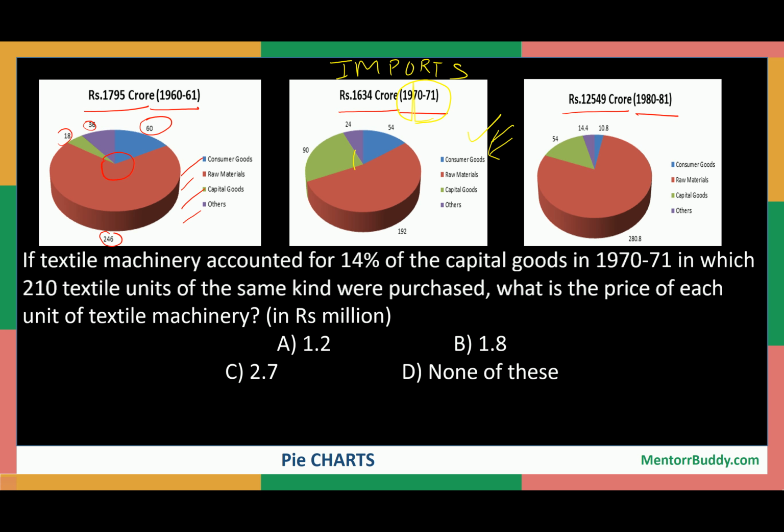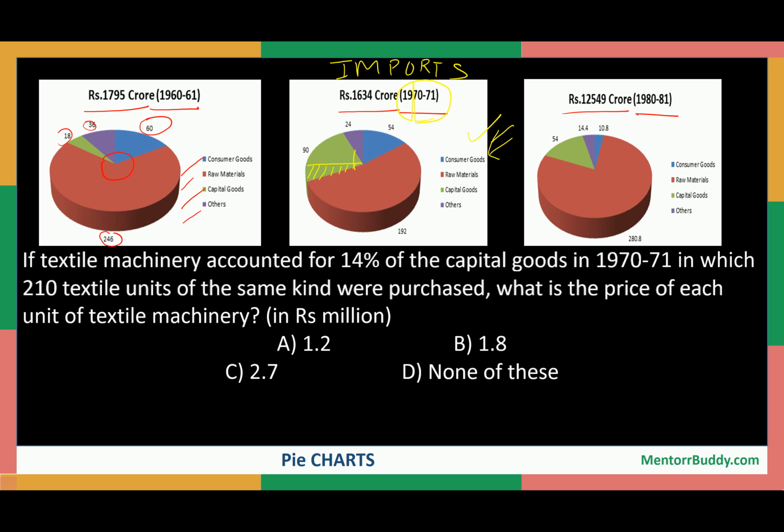Out of this total capital goods, they are saying that 14% is textile machinery. So let's suppose this much area is 14% of the total capital goods.